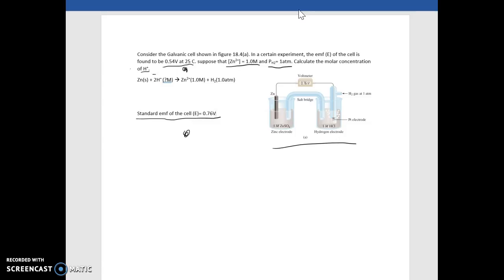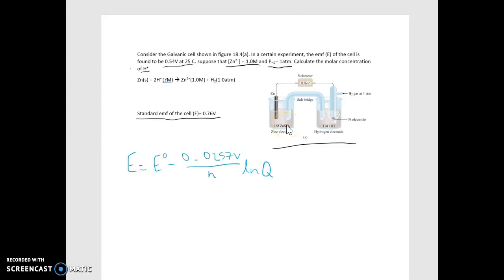To do that, we're going to use the Nernst equation. So this is our Nernst equation: our non-standard EMF equals our standard EMF minus a constant voltage over the number of moles transferred in the reaction times the ln of Q, and Q is just our rate constant K, but in non-standard conditions.